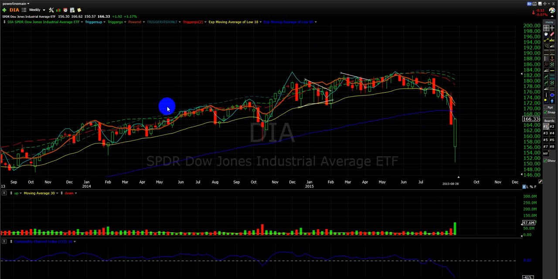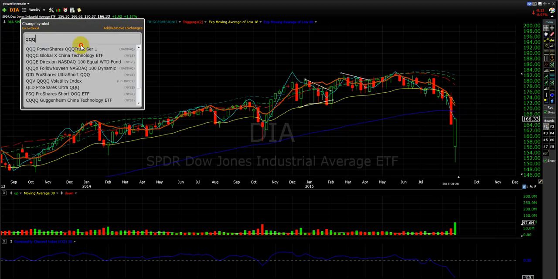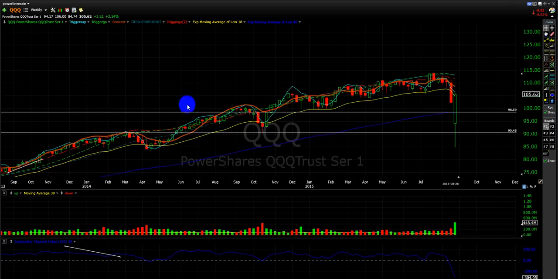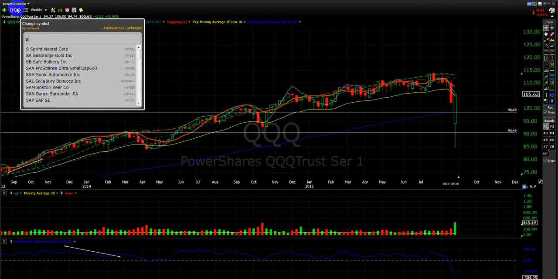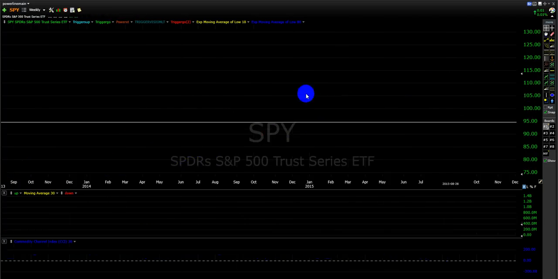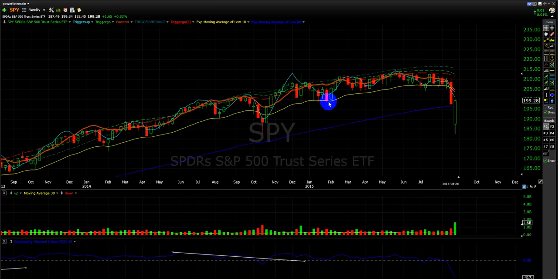And that's what's confusing a lot of people as well, I believe. But the QQQ, if we look at it the way I'm looking at it, and the SPY are still very strong. They've been able to reclaim key levels in a bullish way.